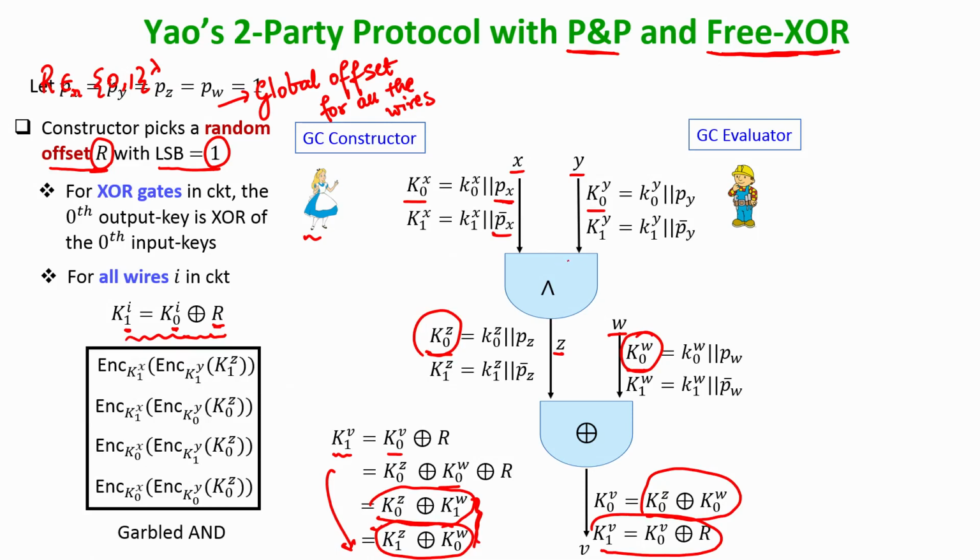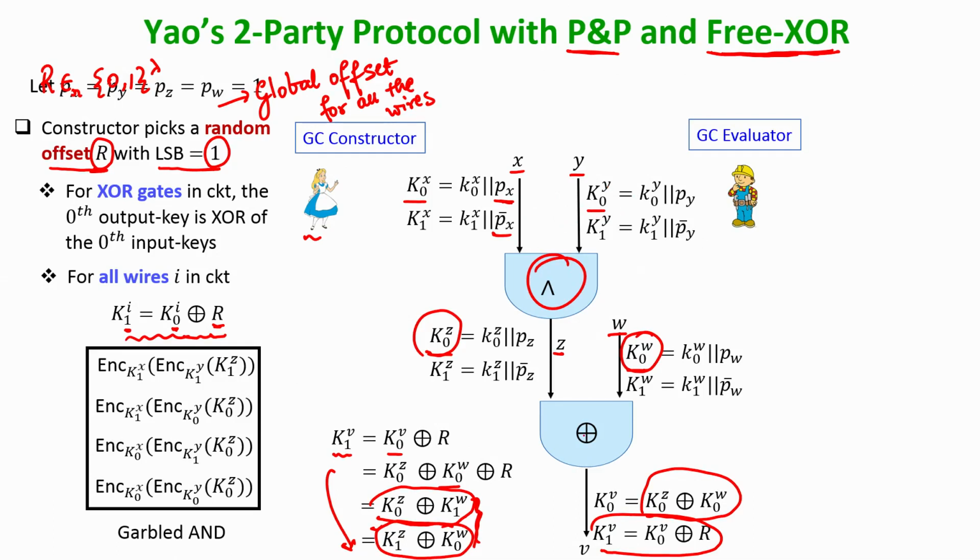Now, the construction of the garbled gate happens as it was done earlier. So, the AND gate will be garbled and the ciphertexts will be prepared and kept according to the values of the permutation bits.